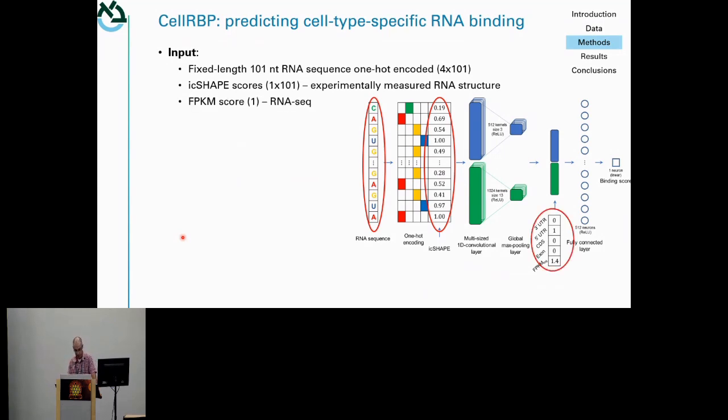We provide the RNA-seq, the log of the FPKM score. Following the pooling and flattening, we have a concatenation layer that you see here, where we provide the FPKM, as well as the annotation of the region type. Eventually, this model, following a fully connected hidden layer, outputs a binding score, which should be between 0 and 1 for the classification problem.